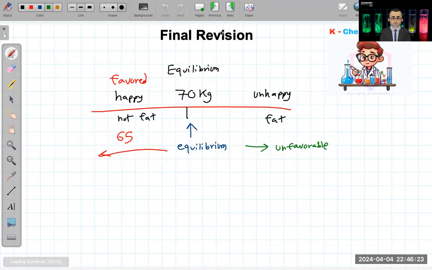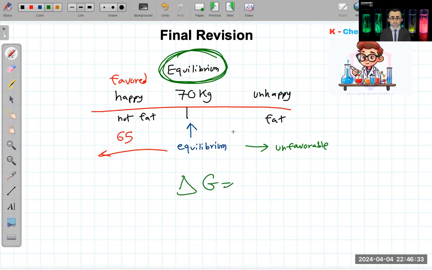So you have to find the point of equilibrium. The point at which you are moving between these two. How to find it? At the point of equilibrium, delta G is equal to what? Memorize this one. At the point of equilibrium, delta G is equal to 0. What if it goes beyond 0?